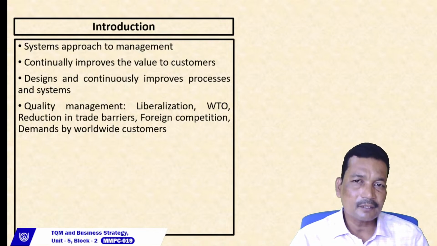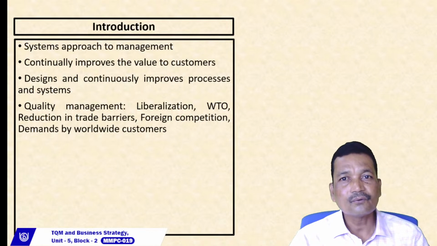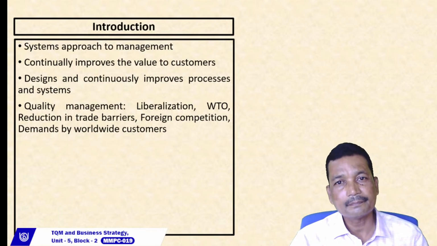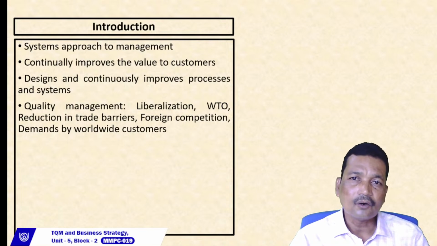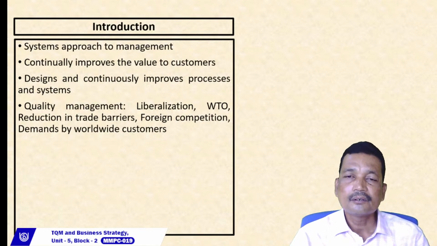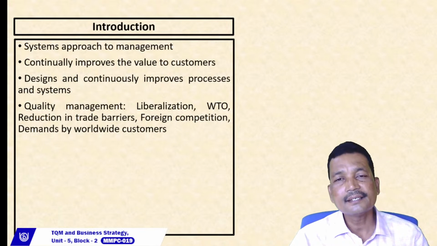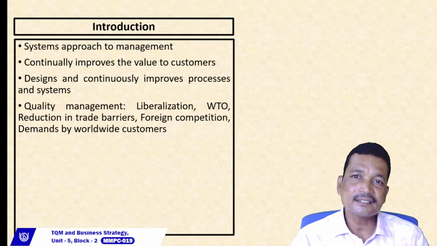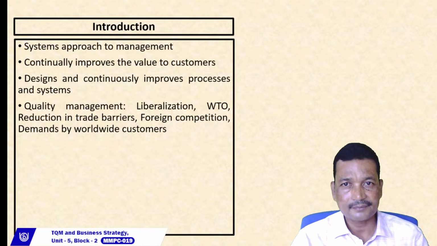What happened after liberalization? Foreign competition came up. Now, at present, you find almost all the brand names. Either they have set up production units in India, or they bring down broken down kits and assemble them here and sell them in the Indian market.